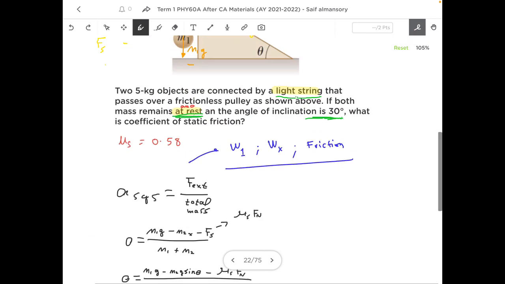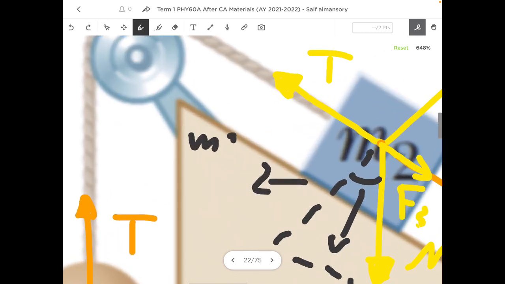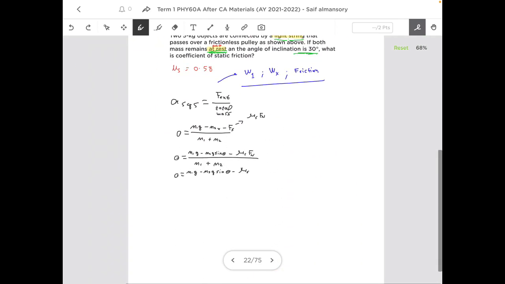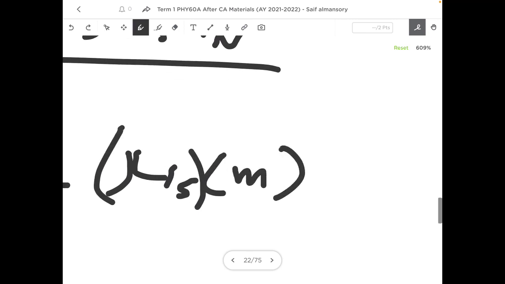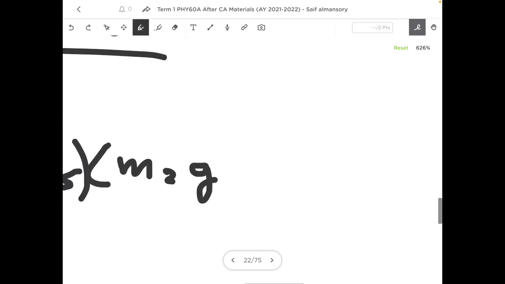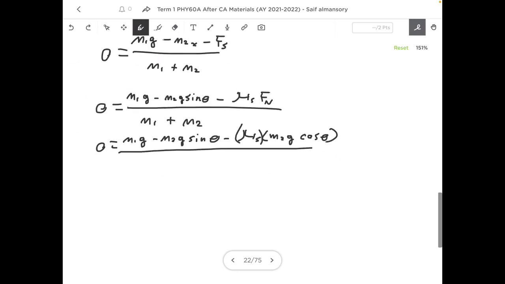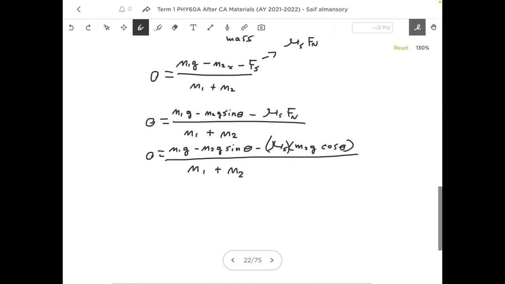The F normal is m2g cosine theta, because it is adjacent over hypotenuse. So it will be mu multiplied by m2g cosine theta, over the total mass m1 plus m2.